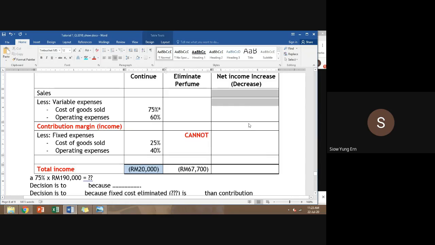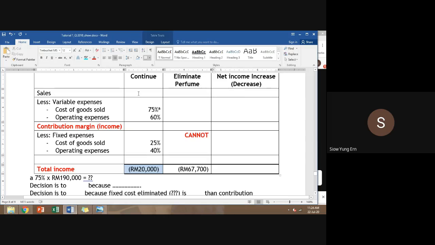Okay, let's do your net income increase or decrease. First one is sales. Sales. 258,000. Positive or negative? Positive.